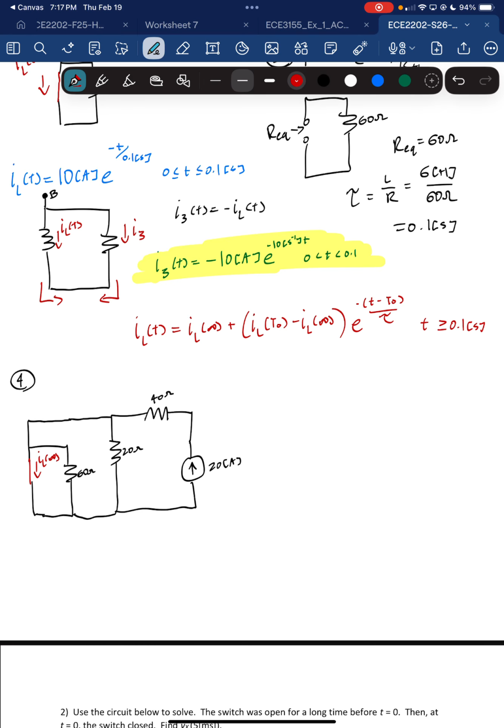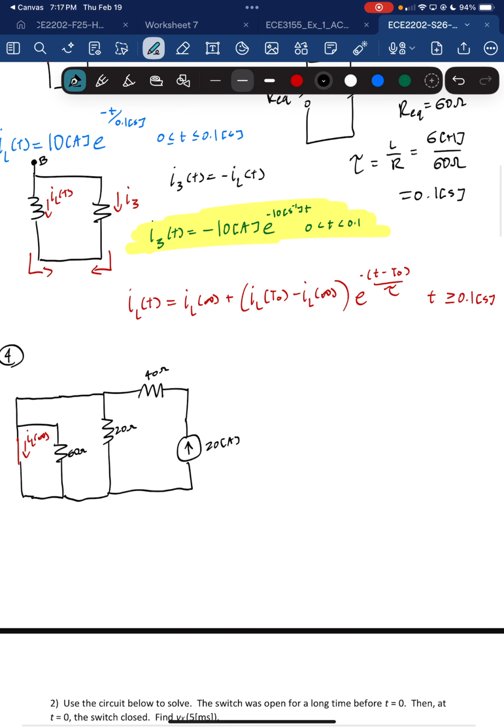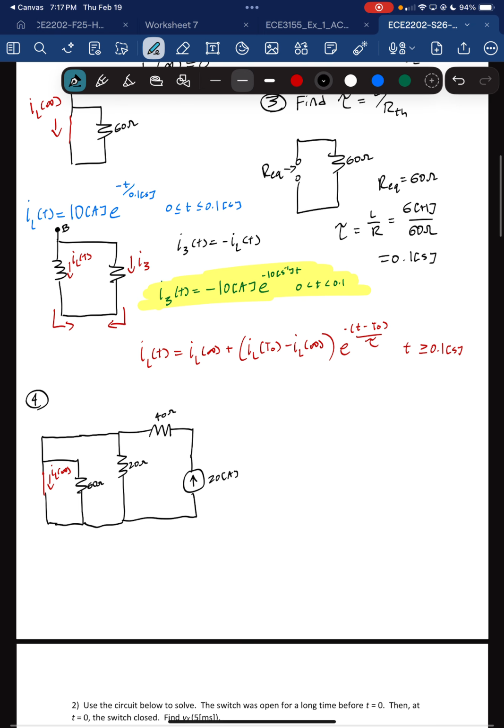And let me see if I can explain that well, because it's kind of a complicated reason. As you know, with inductors, the current cannot change instantaneously, right?